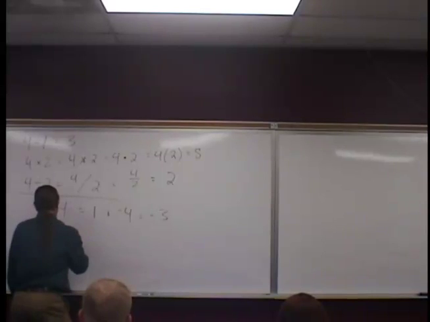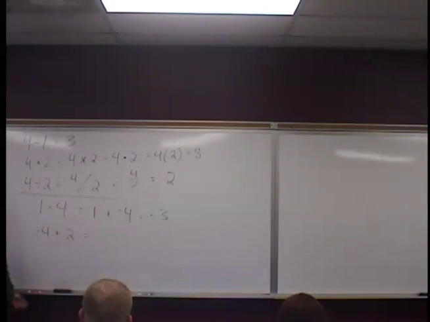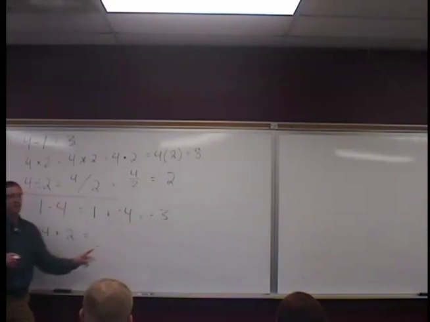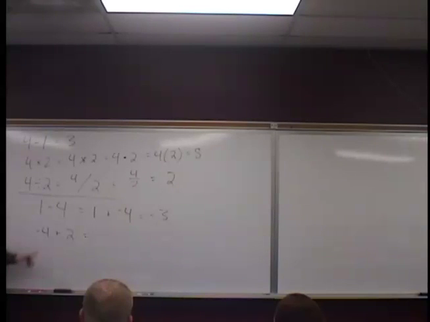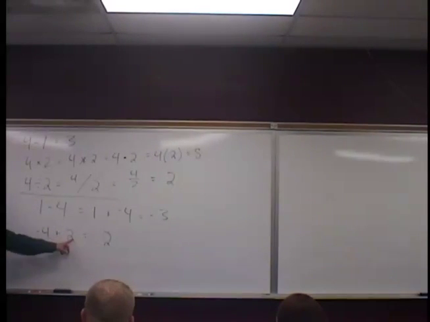And if the order changes, it doesn't matter. Okay, if the negative number comes first or the negative number comes second, it doesn't matter. Okay, if you have one negative number and one positive number, subtract the two numbers. 4 minus 2 is 2. And then whichever one of these numbers is bigger, that's the sign that wins. Okay?